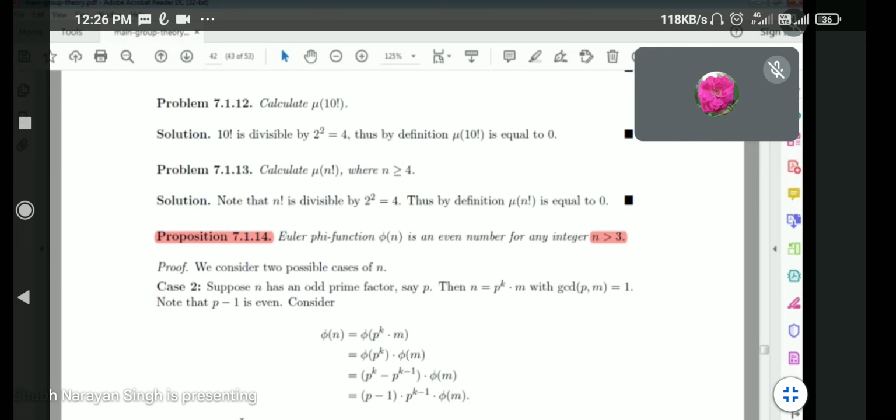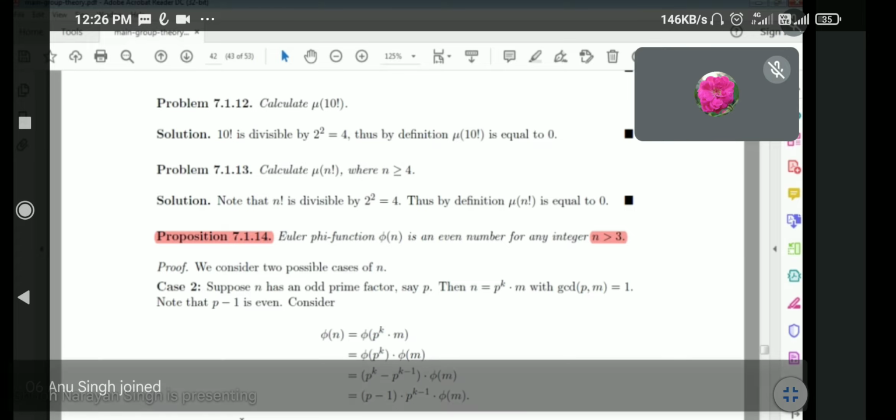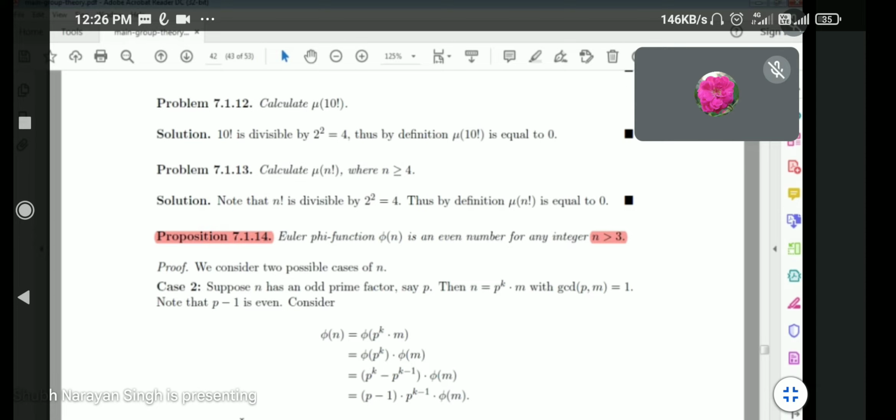4 into 100, sir. Yes. So that means for whatever number greater than or equal to 3, phi of that number is always an even number.